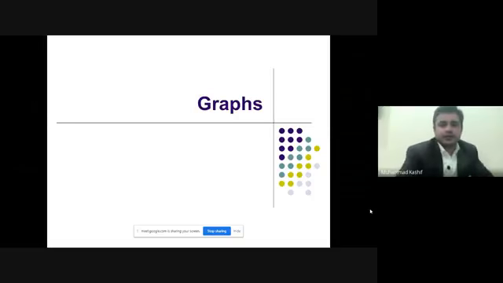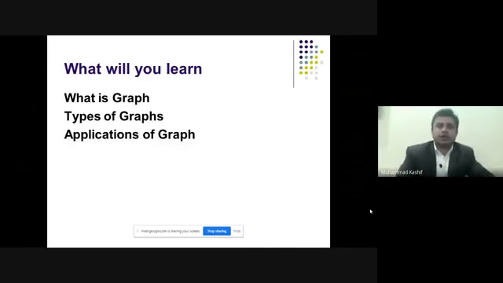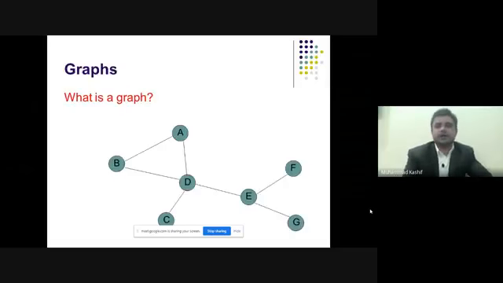So in today's lecture, what will you learn? You will learn what a graph is, and we will cover types of graphs and applications of graphs. First of all, we need to know what a graph is. As you can see, we have multiple nodes in a graph, let's say A, B, C, D, E, F, or G. You can consider these nodes as multiple points, multiple locations, or sources or destinations.